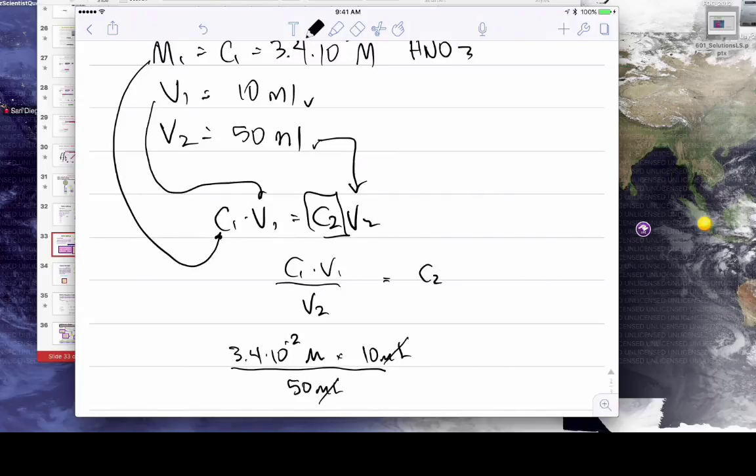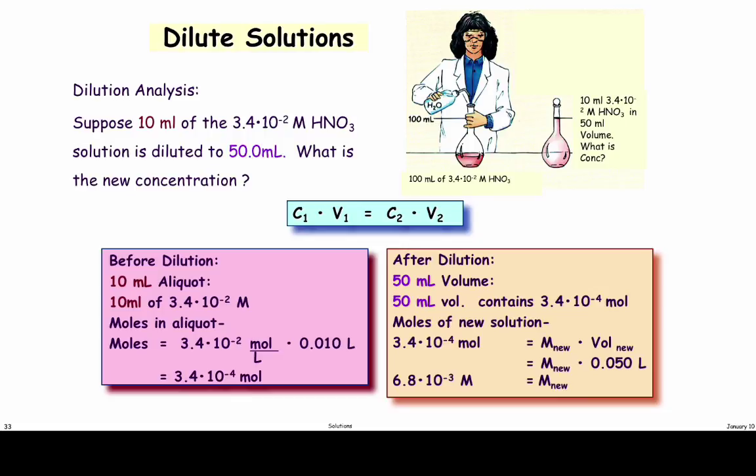The milliliters will cancel. The molarity is the unit that you will have, and it becomes 6.8 times 10 to the minus 3 molar. That's the concentration that is calculated. And that's what you see here.